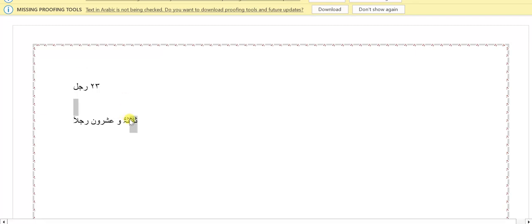Salasatun means 3, ishruna means 20. So 3 and 20 is 23. Rajulan means men. Now, salasun wa ishruna imra'atan, 23 women.